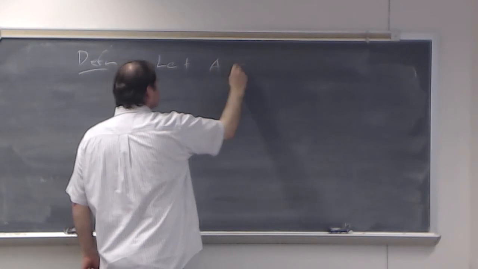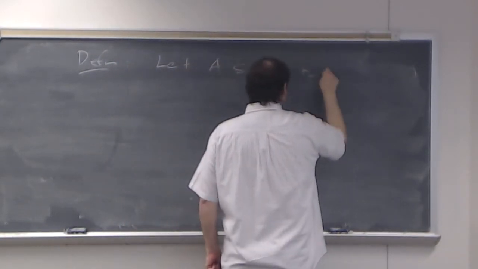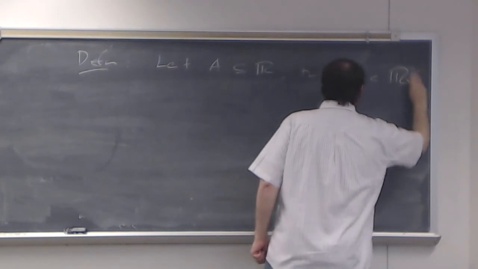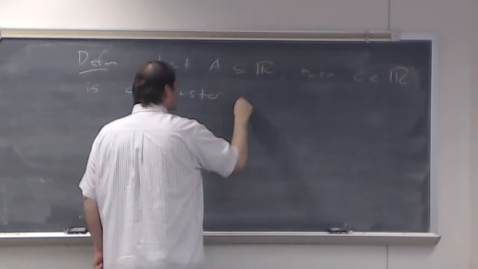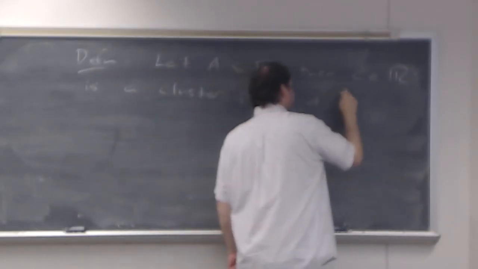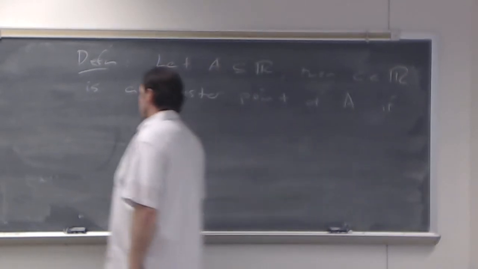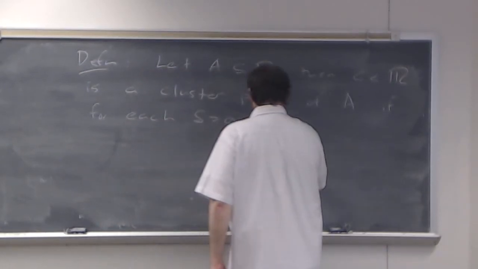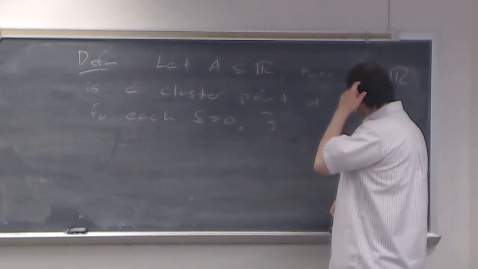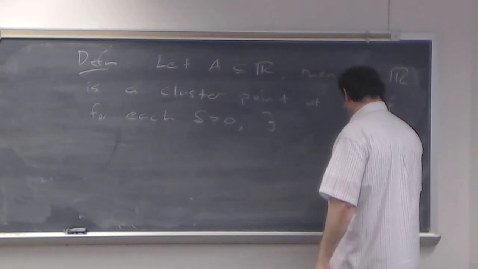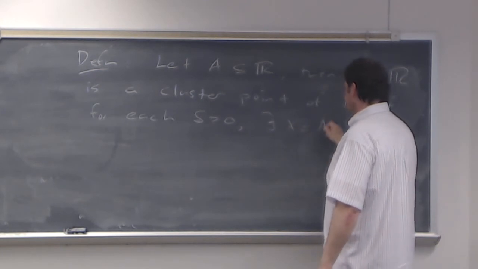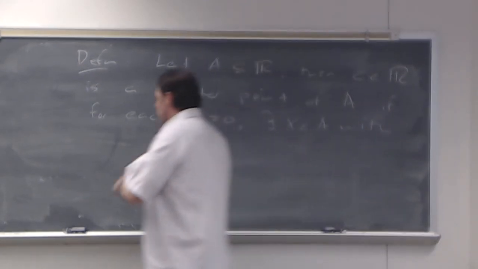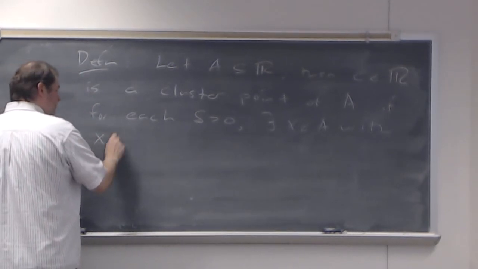If we let A be a subset of R, then c an element of R is a cluster point of A if for each delta greater than 0, there exists x an element of A with x being different than c.